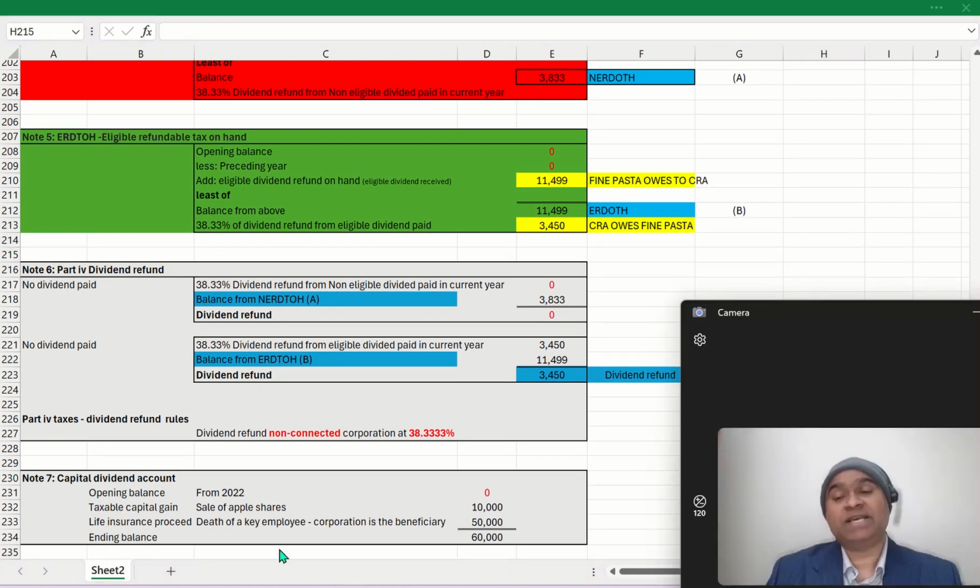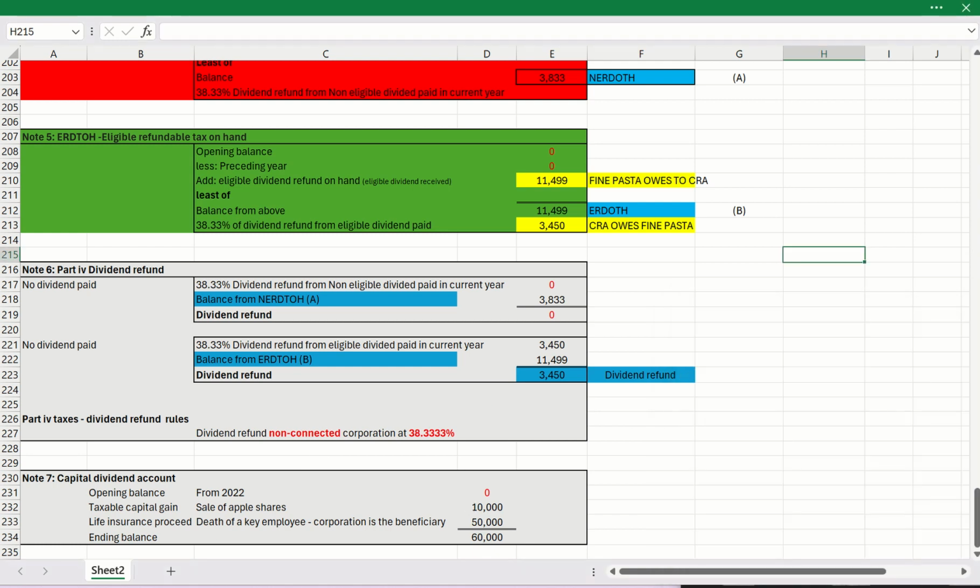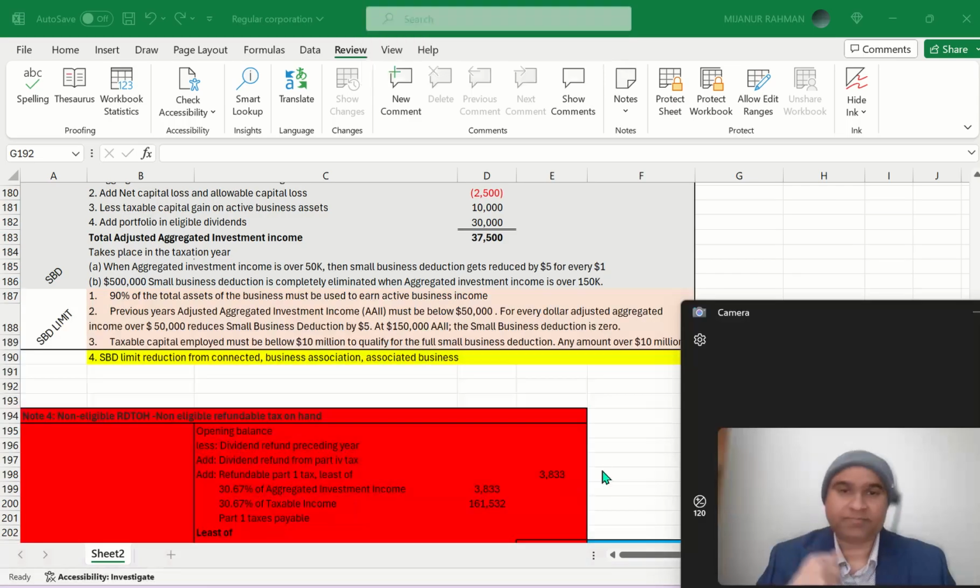And again, we discussed this in the previous video, the CDA amount. Did I miss anything? So again, keep in mind the small business deduction is highly sensitive.